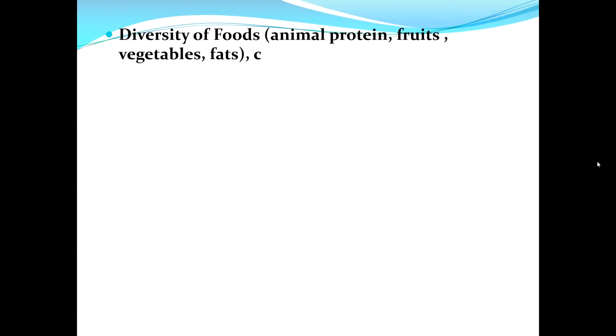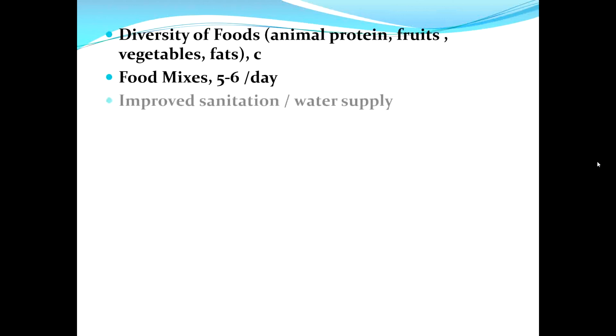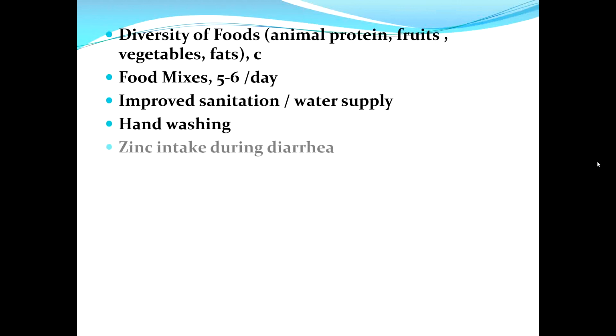All are important, but the diversity is important. There should be food mixes 5 to 6 times per day. The baby should live in an environment with good sanitation and adequate water supply, so that there is less infection. The parents and the children should know the importance of hand washing.